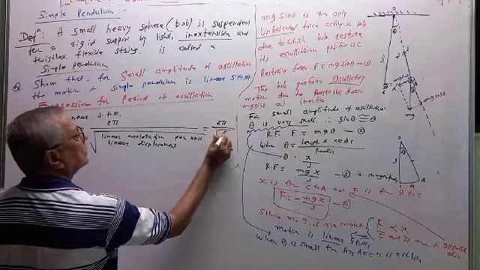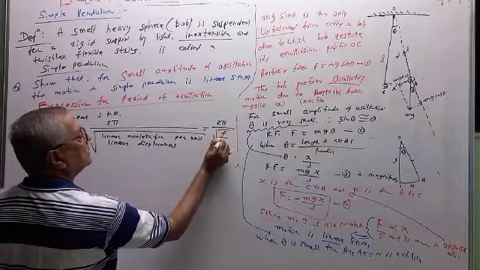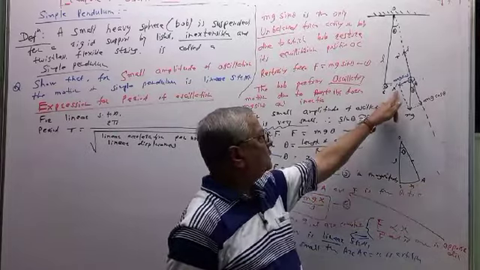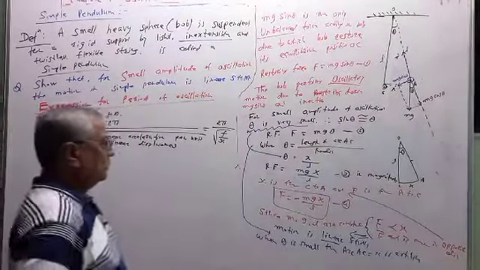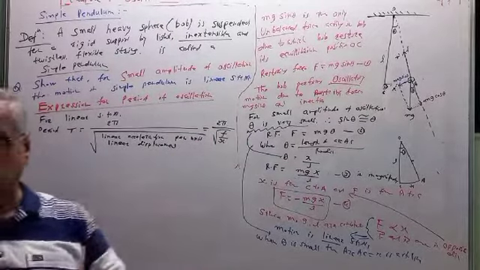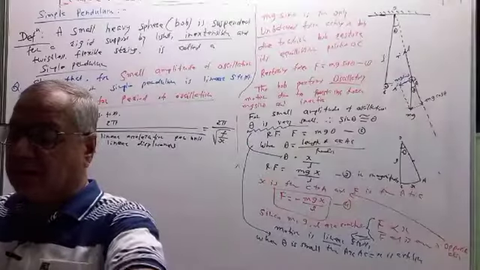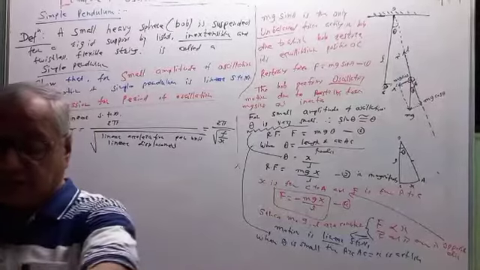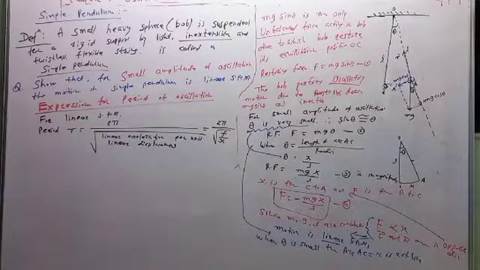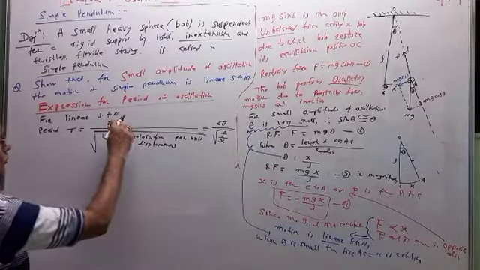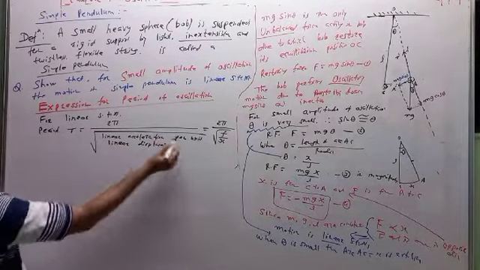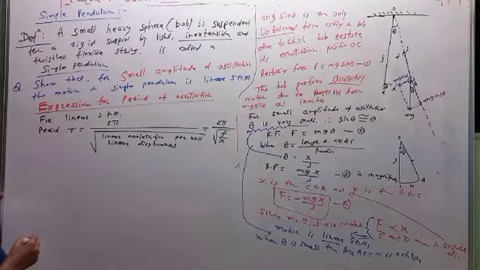Linear acceleration we have denoted by f, and linear displacement we have denoted by x. Here we have to find the value of f by x, where f is a linear acceleration. What change did we make in the formula for angular acceleration? It is the angular acceleration per unit angular displacement. This formula is also used for angular acceleration. Only the change will be angular acceleration per unit angular displacement.